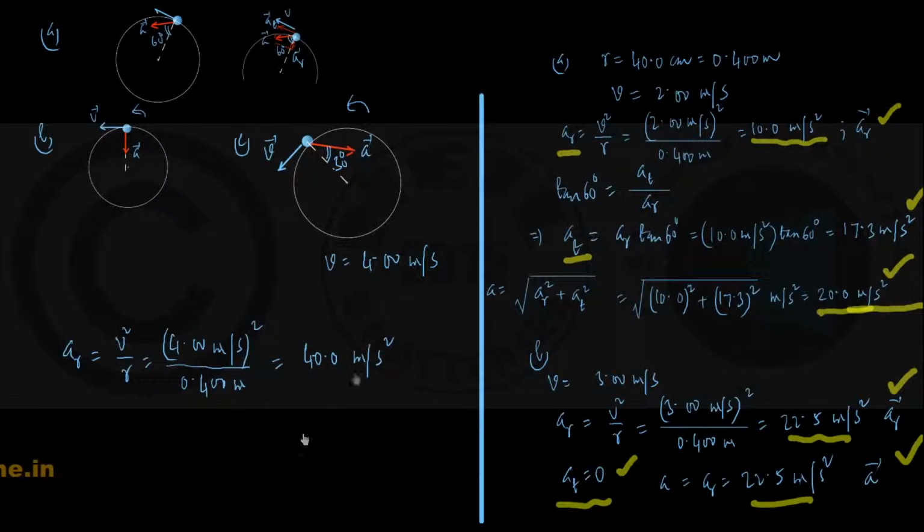So the first part of the answer: radial acceleration, magnitude 40 meters per second squared, directed radially inwards from the particle's position towards the circle's center.